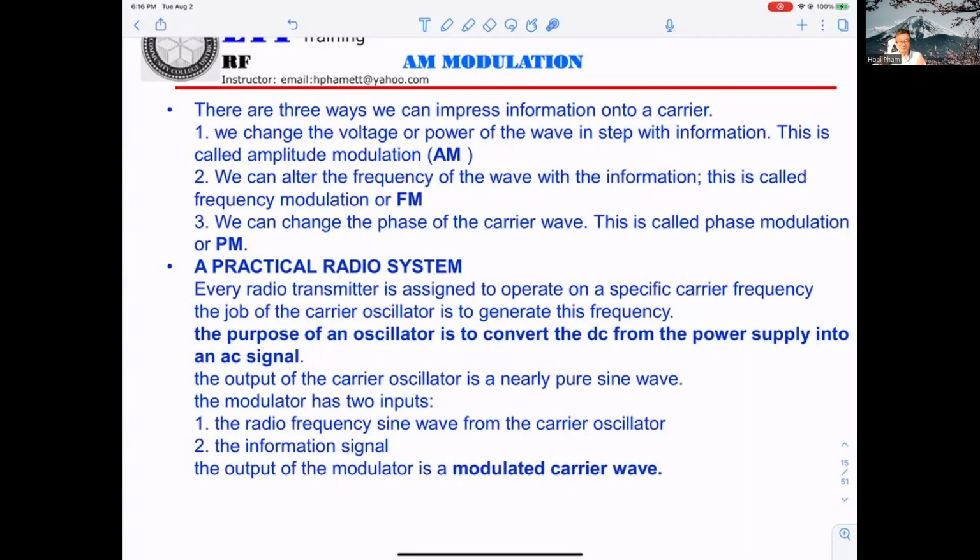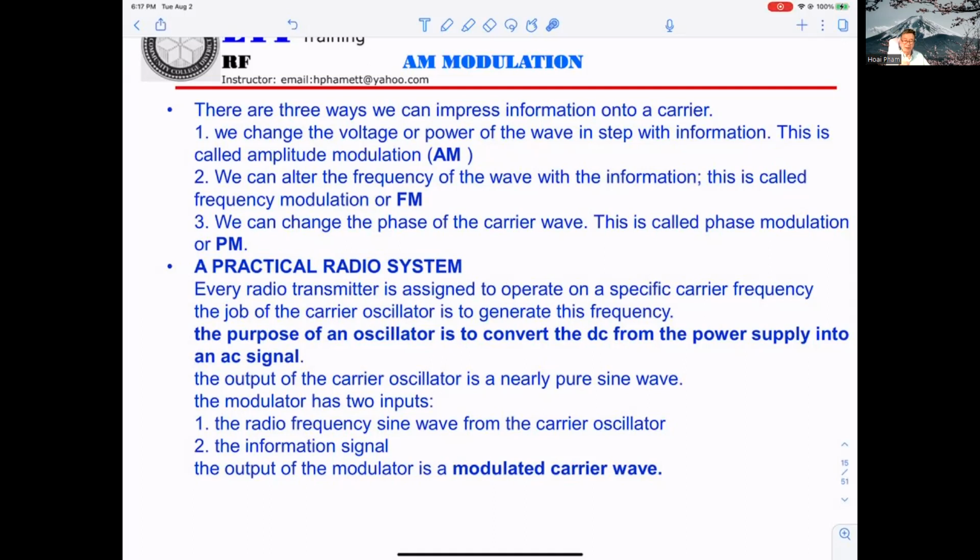Basically, that's a very basic definition. If you don't understand this, you cannot go further. When we talk more about modulated carrier waves, you need to know what that means. The signal from the oscillator and the information, meaning your voice, are combined together.